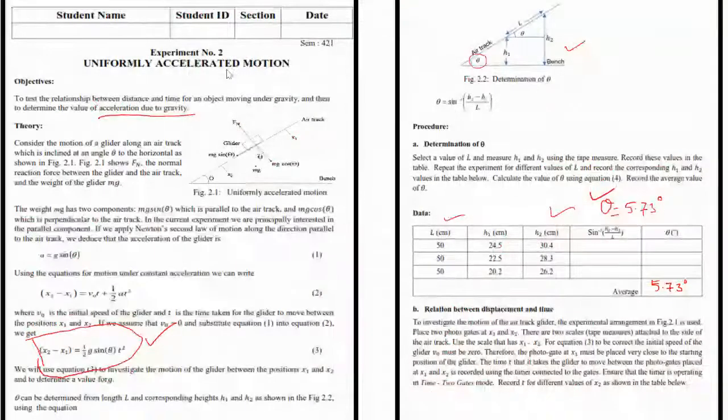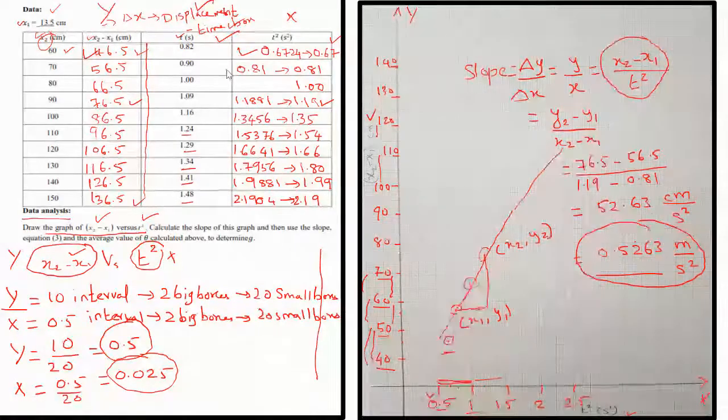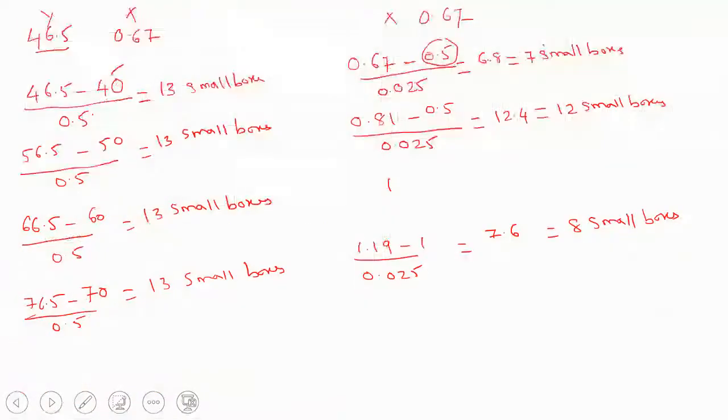What are the things you measured? In the first table, we measured theta. So theta is one of the errors. If you made any mistake in the theta, then your answer will be different. Likewise, when you calculate x2 minus x1, if the x2 minus x1 answer is wrong, then your answer will be a little different, because you can see the difference here.